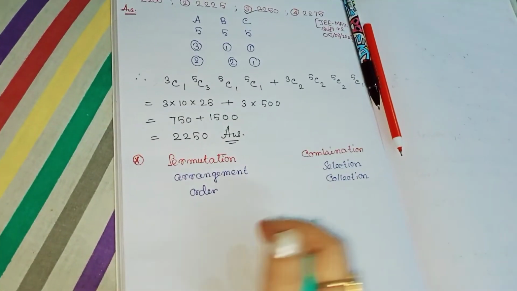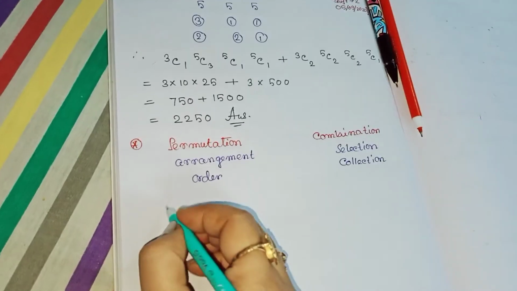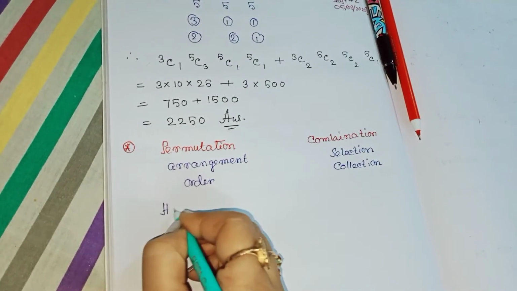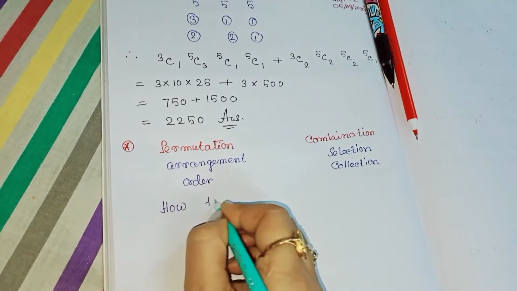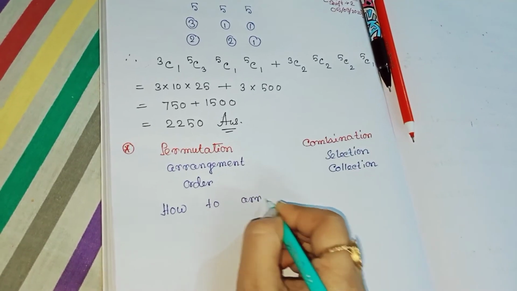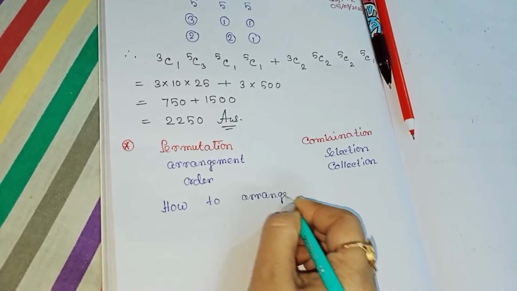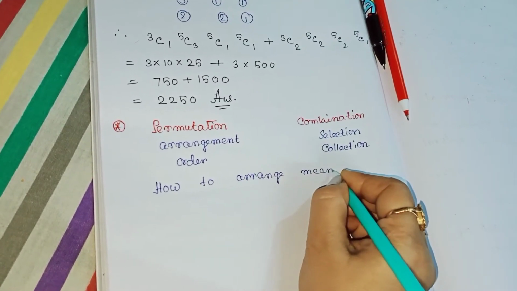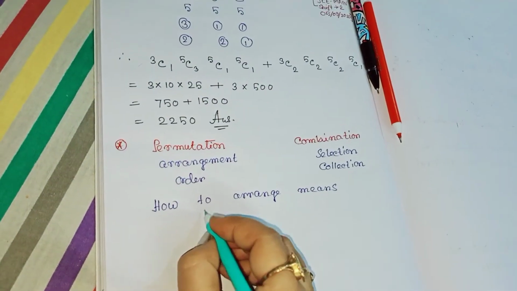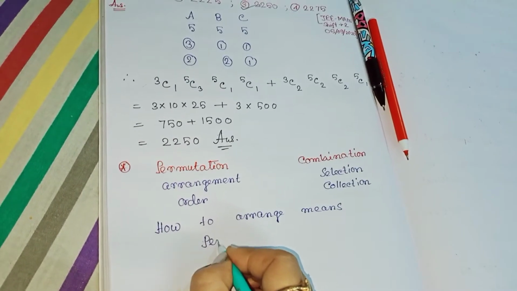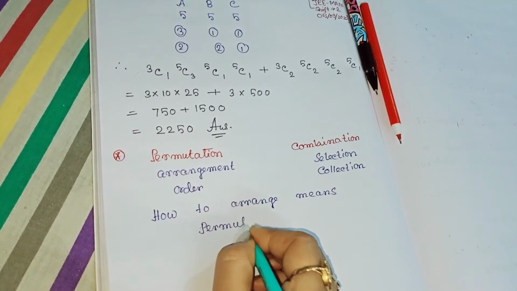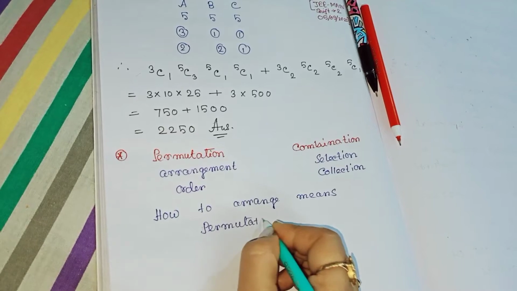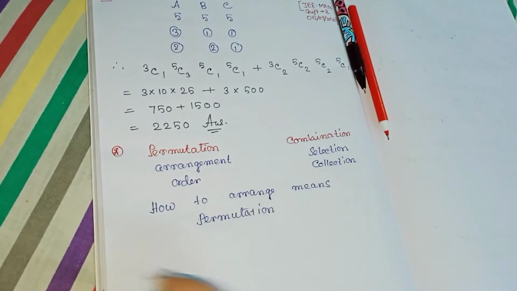So how to arrange is called permutation.